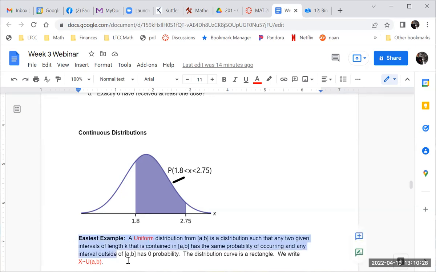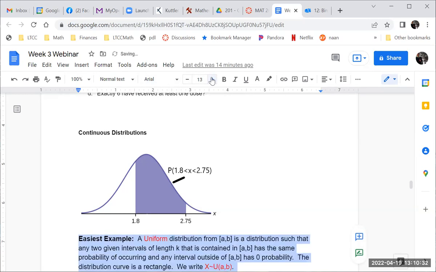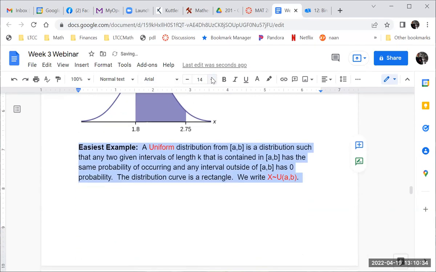Let me make it bigger so you can read, and I'll pop it up a little bit because I know that's sometimes a problem. There we go. A uniform distribution from A to B needs a low and a high, because the total area has to be 1, since you have 100% probability that you're between the lowest and the highest.